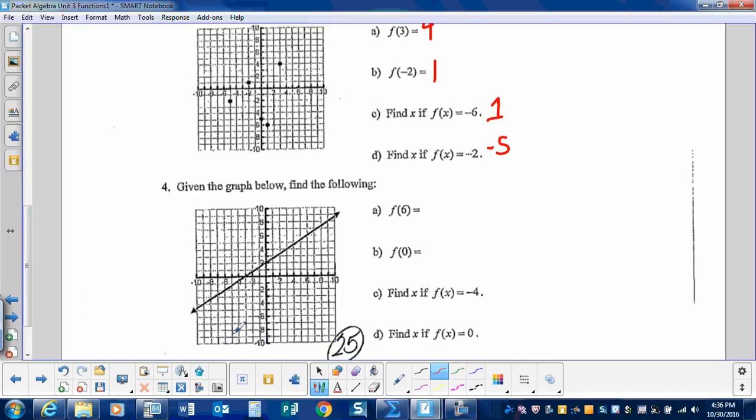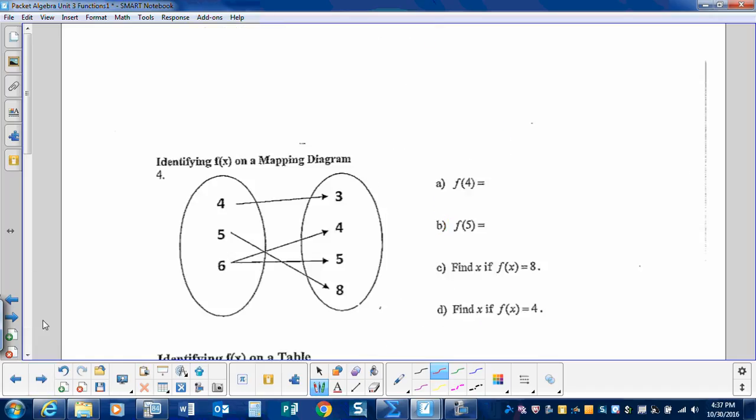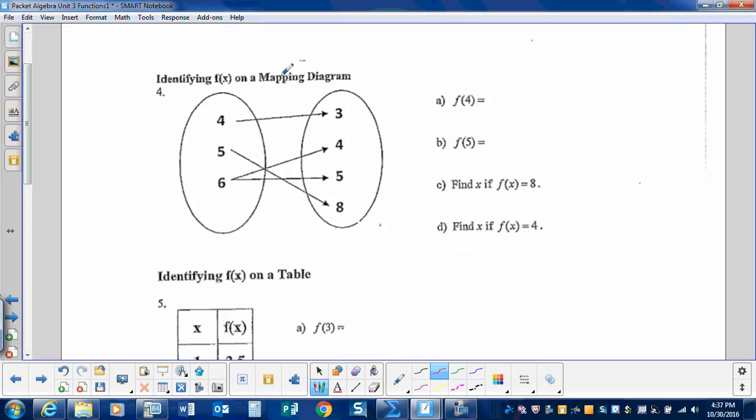Let's go ahead and try the next ones. Okay, here we have a mapping diagram.